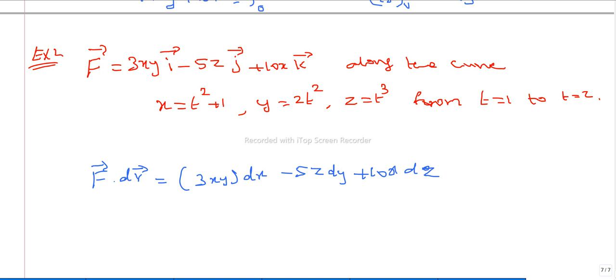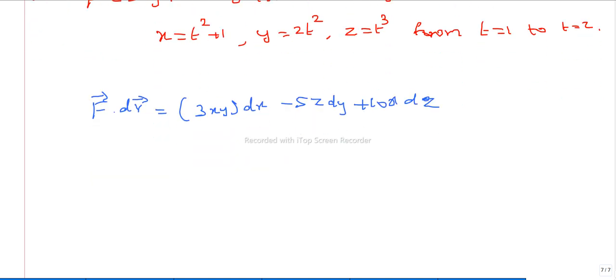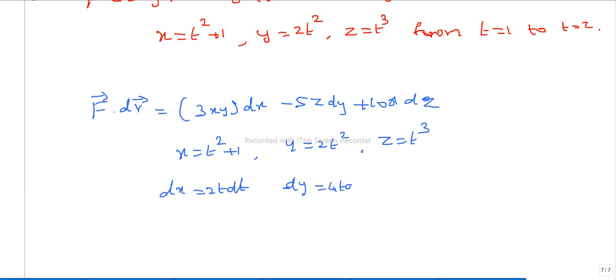If you take the integral over the curve, where x equal to t square plus 1, y is 2t square and z is t cube, now differentiate: dx is 2t dt, dy is 4t dt, and dz is 3t square dt.